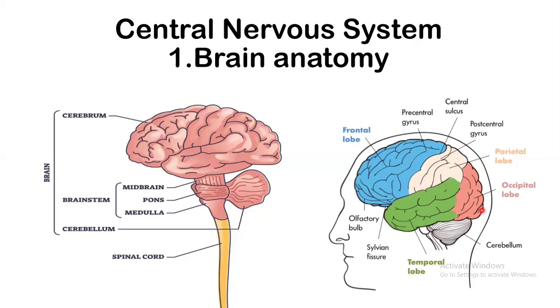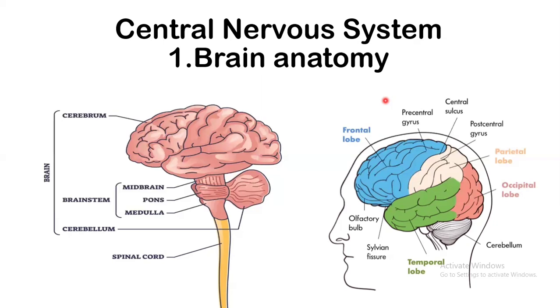Then the diencephalon. The diencephalon is called the core of our brain. It includes three main components: the thalamus, hypothalamus, and the epithalamus. The thalamus is essential for sensory signals. It is helpful for the transmission of sensory signals to the cortex.